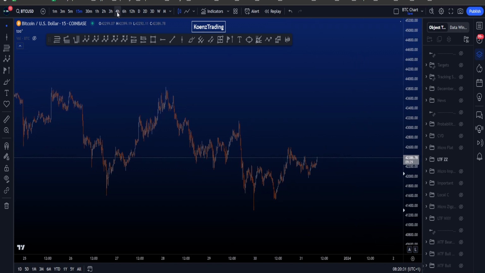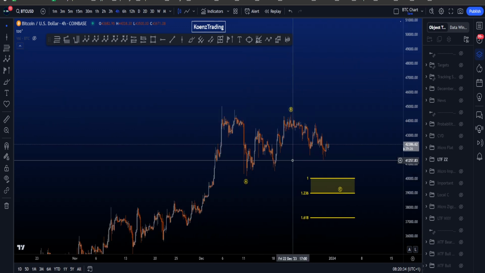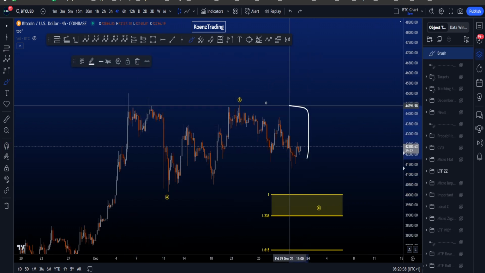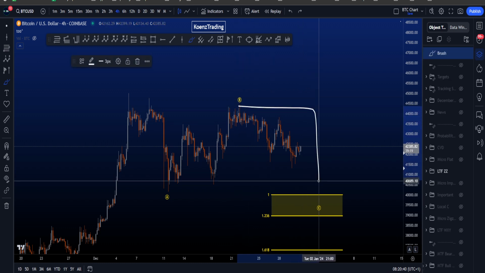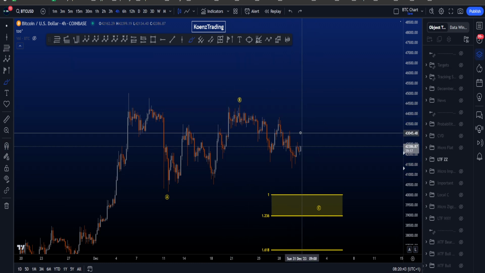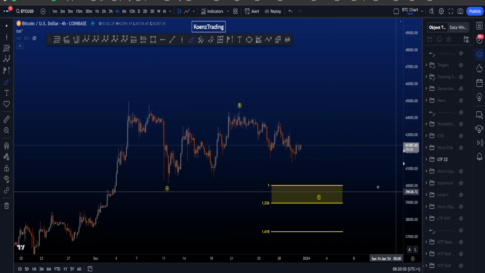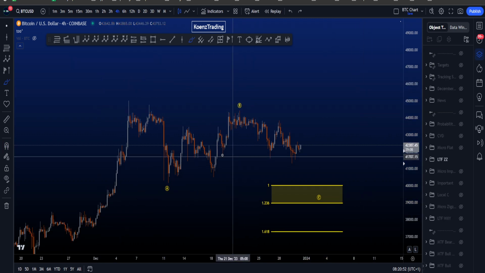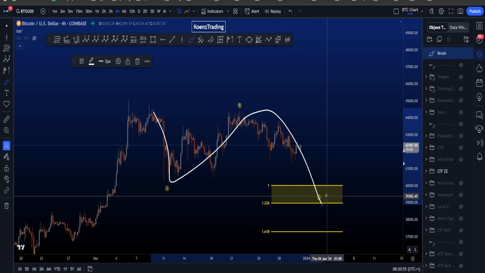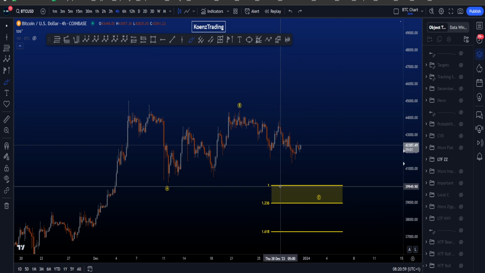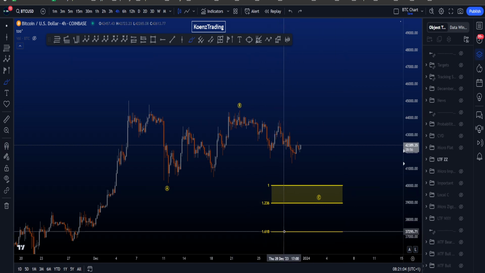So if we zoom out, that 1-1-1-2 is part of a bigger zigzag to the downside in an ABC, and because the probabilities for your 1-1-1-2 here are decreasing, especially if the invalidation is hit, of course, that also means the probabilities for your ABC are decreasing when you zoom out and look at this range where you're looking for a 5-3-5 zigzag to the downside, where this is your common target area between the 1 and the 1.236, between 40k and 39k, with the 1.618 also still a target at 37.2k.